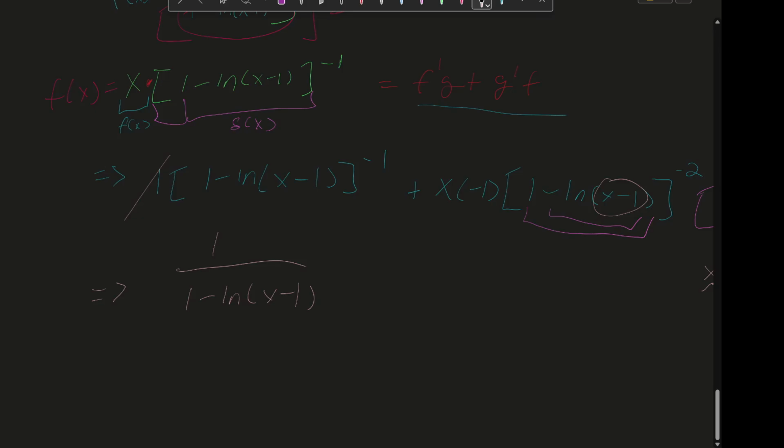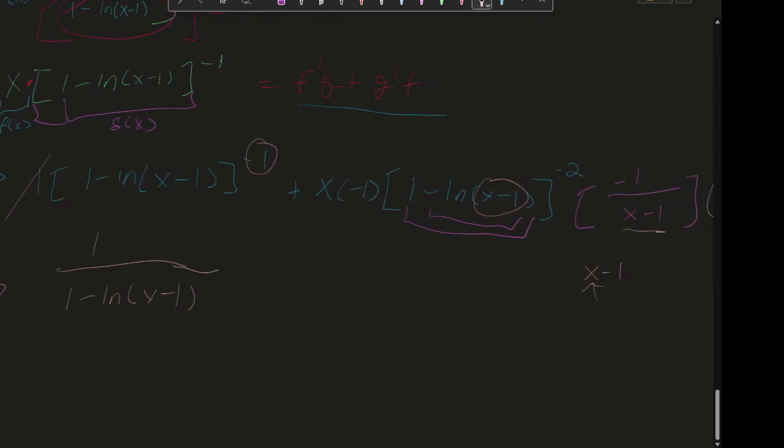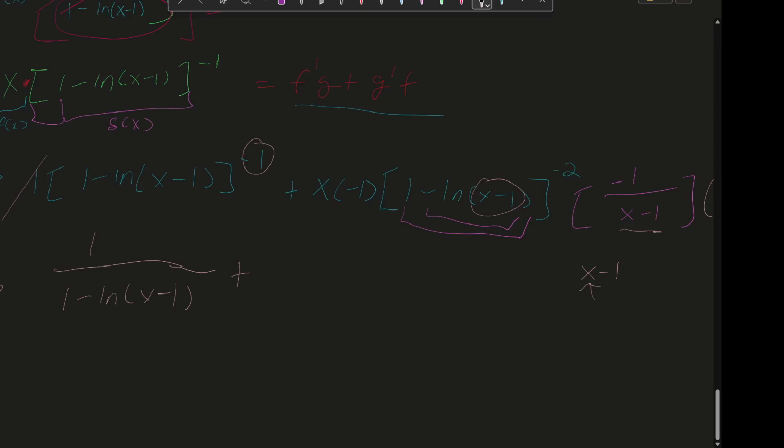So you'll have that. From this negative 1 exponent, you could just leave it unexponentiated, move it to the denominator, plus you have this negative 1 right here is going to cancel with this negative 1. So really in the numerator, all you're going to have is x.